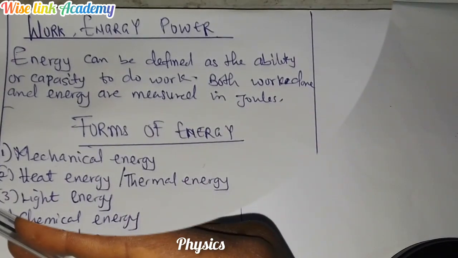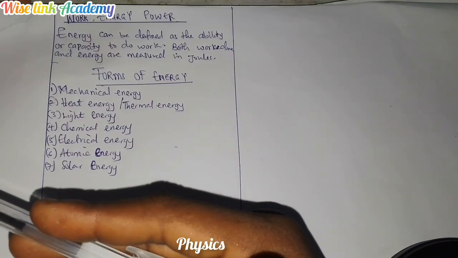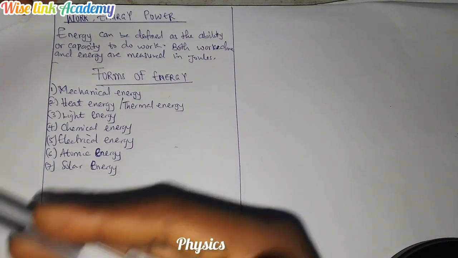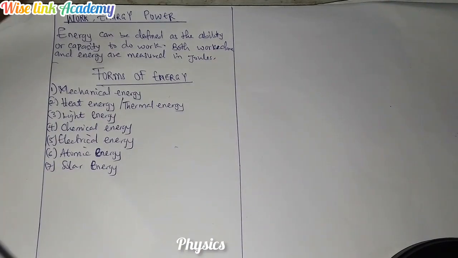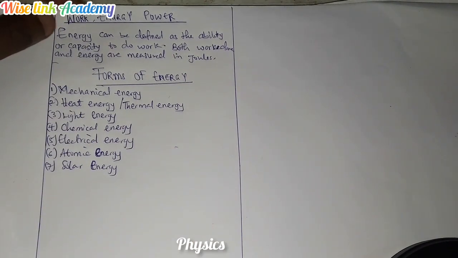The ability or capacity of an object or a body to do work is called energy. And take note, I said in our last video that work is measured in joule, and that work and energy are both measured in joule. So their SI unit is joule. Now, that's the definition for energy.